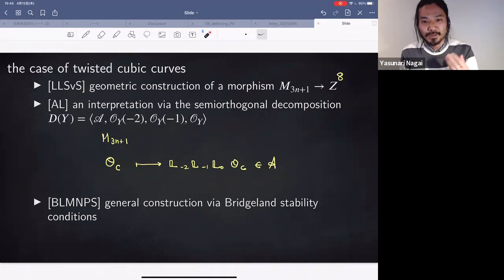They choose a line on the cubic fourfold, blow it up, and then get a conic bundle structure over P3. They basically transport everything to P3, and there they use the existence of Bridgeland stability conditions and play on some twisted category on P3.